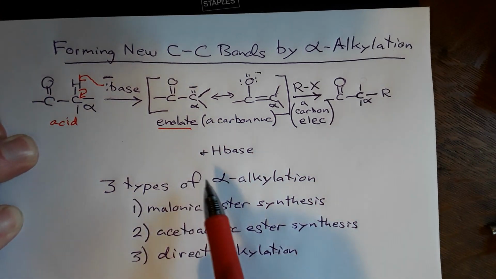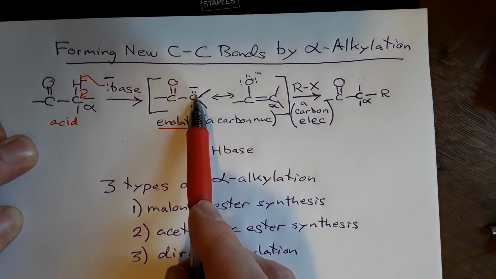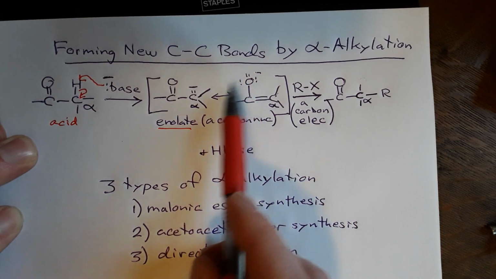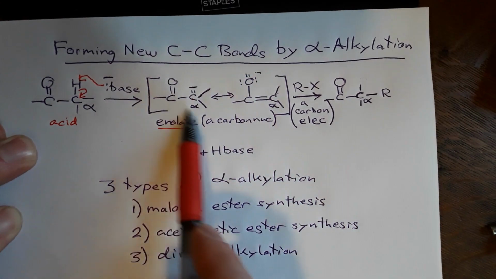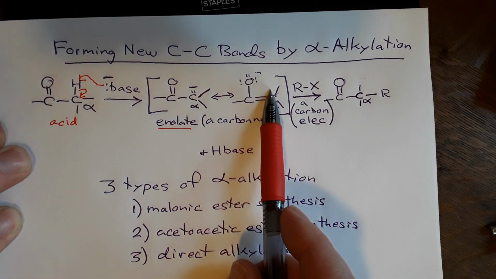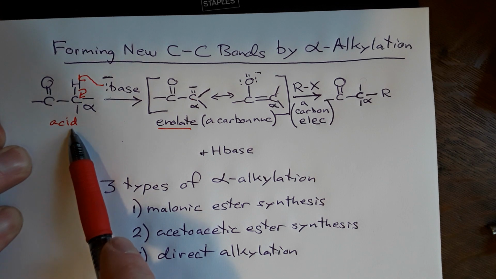And we've learned also that the enolate has two resonance structures, which delocalizes the negative charge over the carbon and the oxygen, making a much weaker conjugate base and consequently making the original acid a stronger acid than we would have expected.